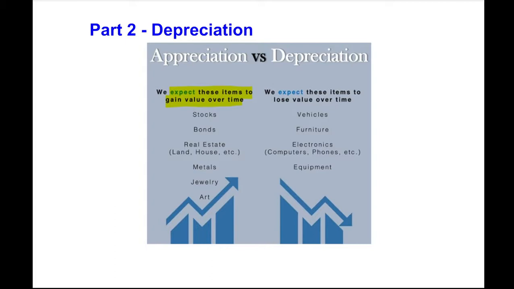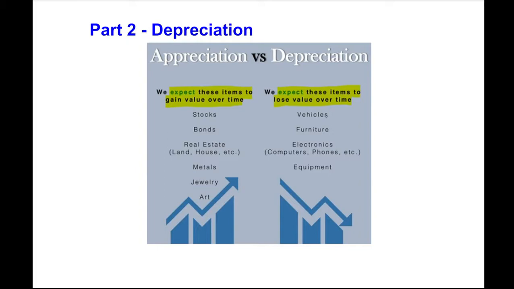So stocks, bonds, real estate, metals, jewelry, art. We talked about some old cars, like the collectibles. Depreciation is when we expect items to lose value over time. So again, it's the opposite. Instead of gaining value, we expect it to lose value.